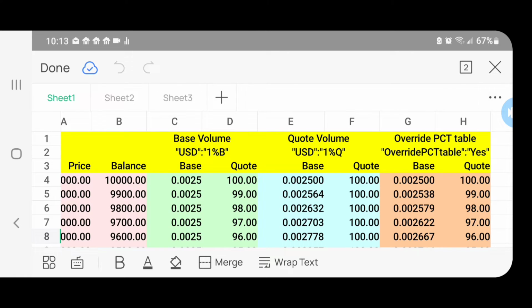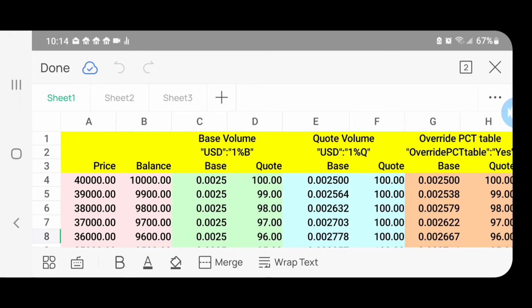So the purposes of the number are going to be on the basis of BTC. So as you can see here in the table, column A is the projected price of the asset. Column B is your budget or your account balance.